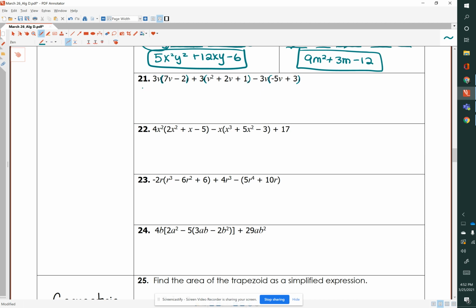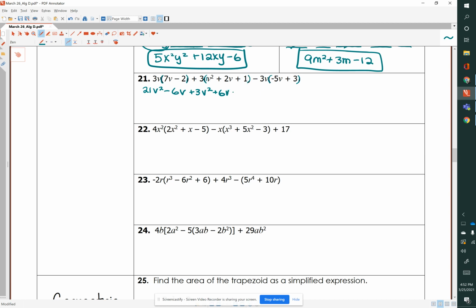So 7 times 3, they're positive. That's 21v squared. 3 times negative 2 is negative 6v. Now, positive 3 times an invisible 1v squared. So that would be positive 3v squared. Positive 3 times positive 2 is positive 6v.